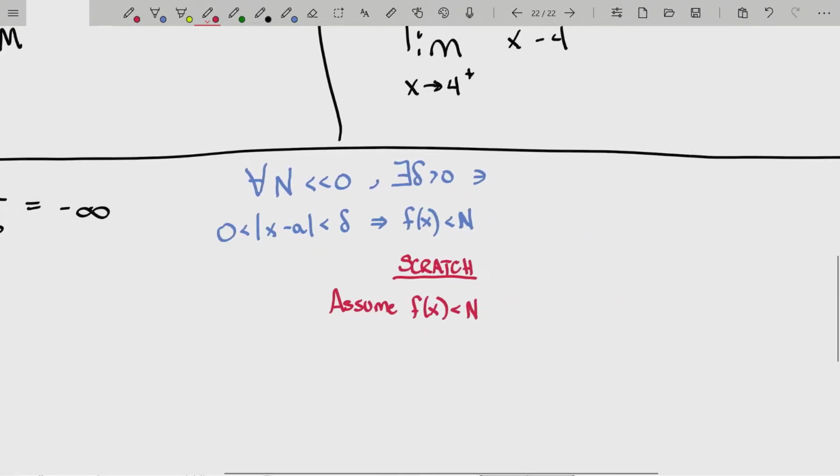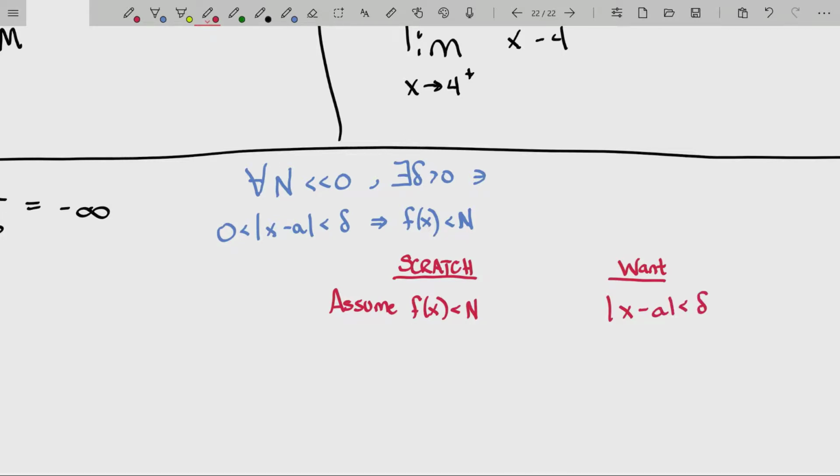And I want sort of the distance between my x value and a to be less than delta. And notice I said sort of, because there's something interesting about this. Remember, our x is approaching 5. So we want that in absolute value to be less than some magic number delta.